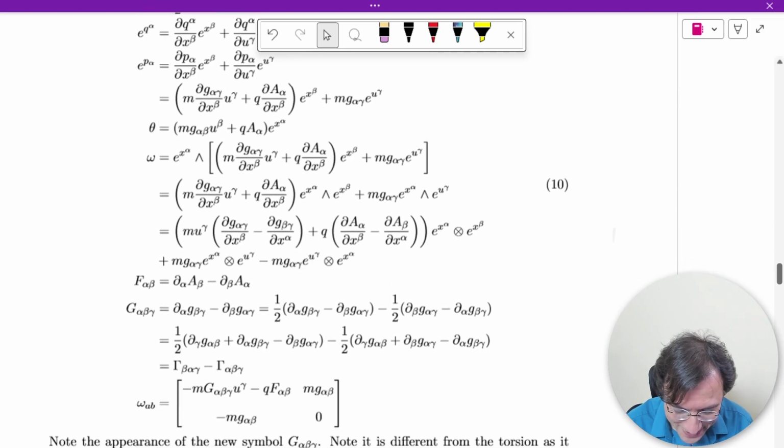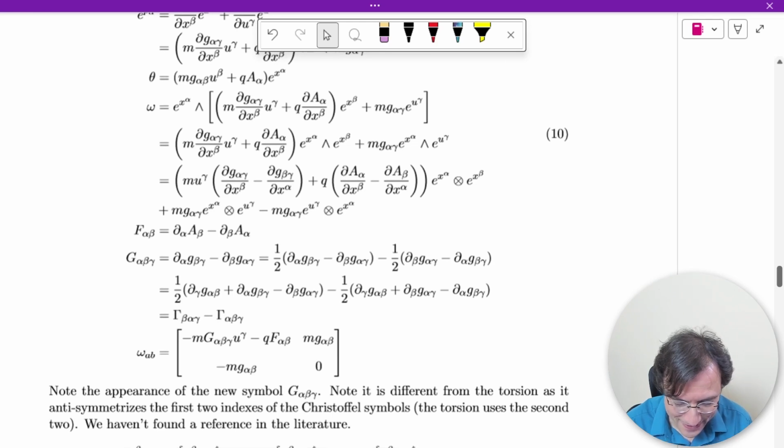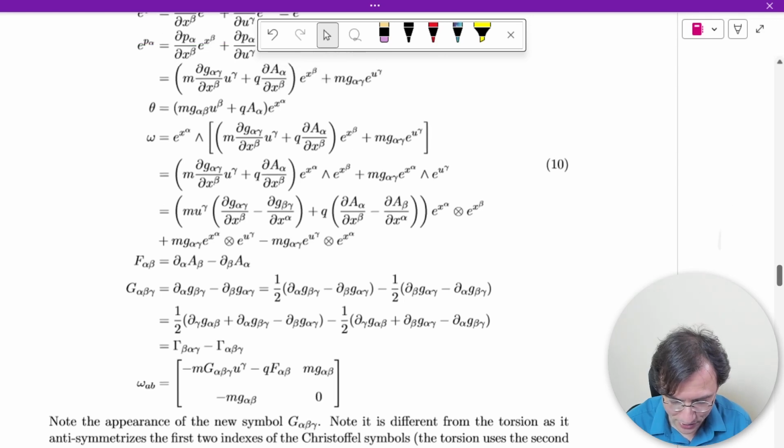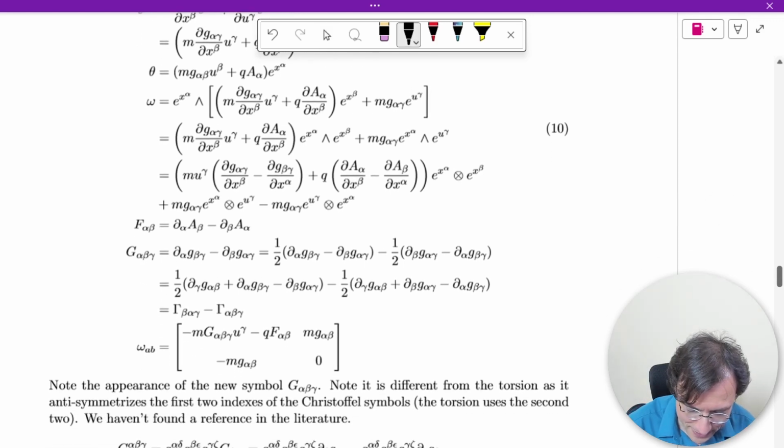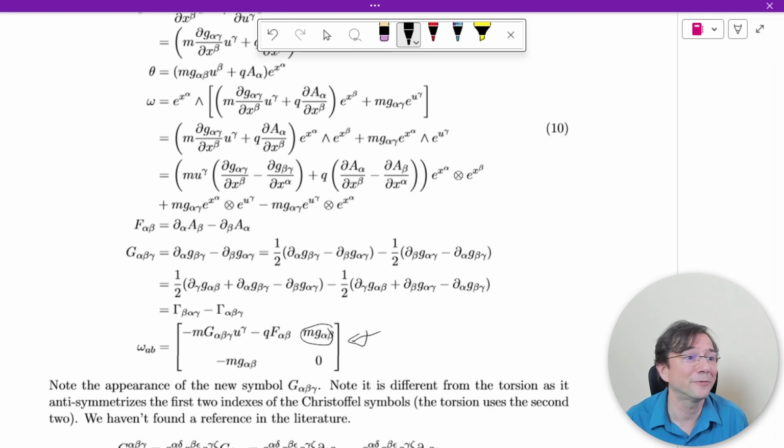What is interesting to me instead is what comes out of this calculation. This is the final result. In position and velocity terms, in the diagonal term, the metric tensor appears.